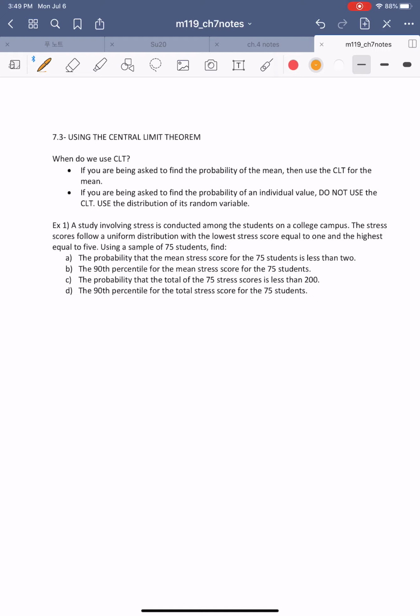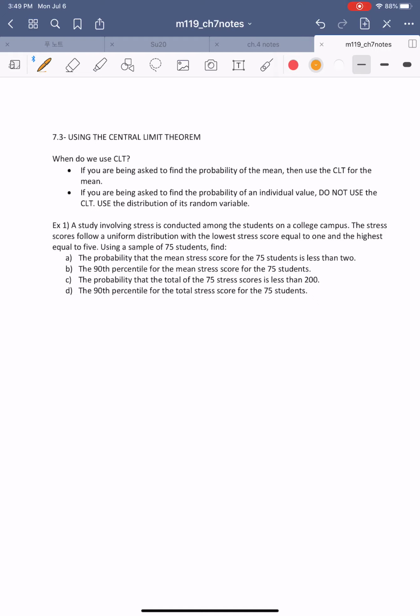In 7.2, we looked at the sum, the total. Now 7.3 is just mixing up CLT number 1 and CLT number 2. So it's really testing you, do you know the difference between CLT number 1 and CLT number 2?